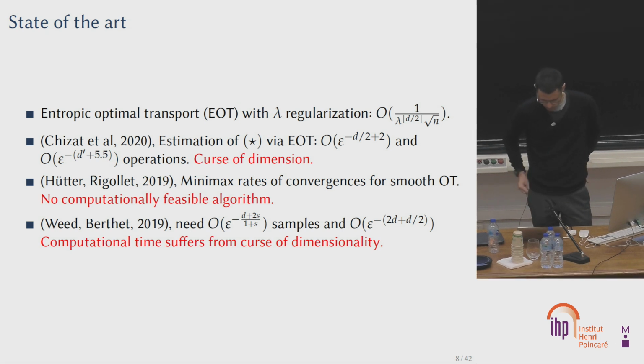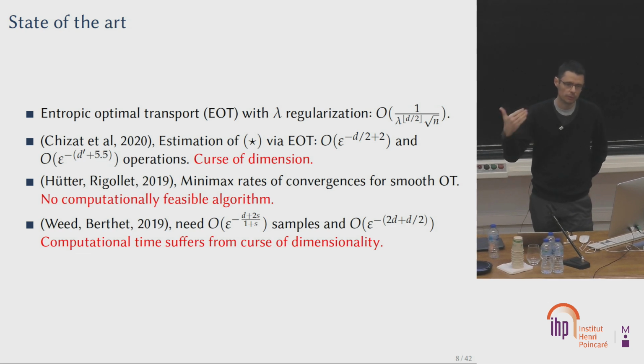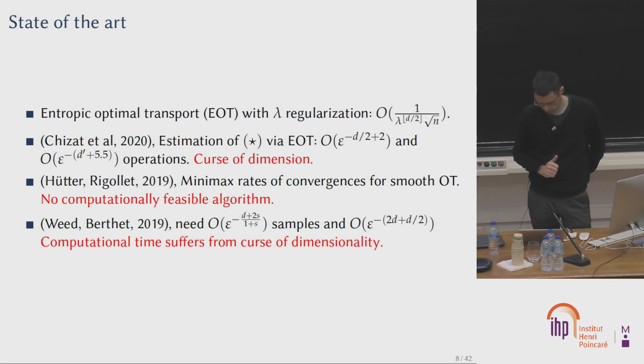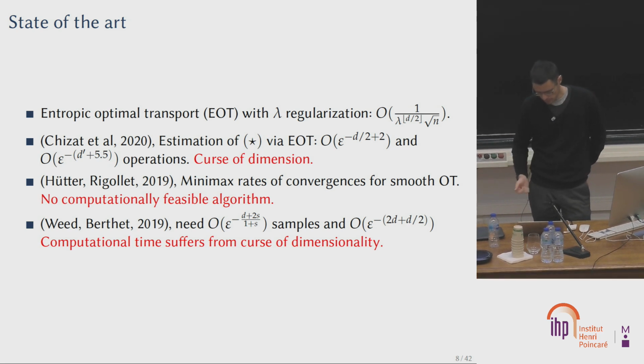Then you can try to use entropic regularization in order to speed up the computations. And this does work. Okay, but still, it's a bit better. This is a paper by Shiza, and I'm also on it. But there is still a bad d rate in it.